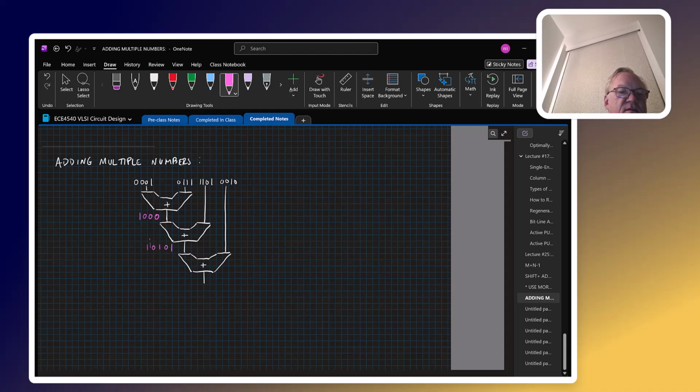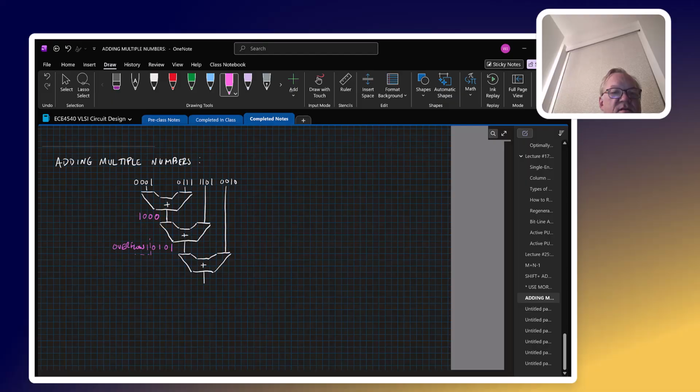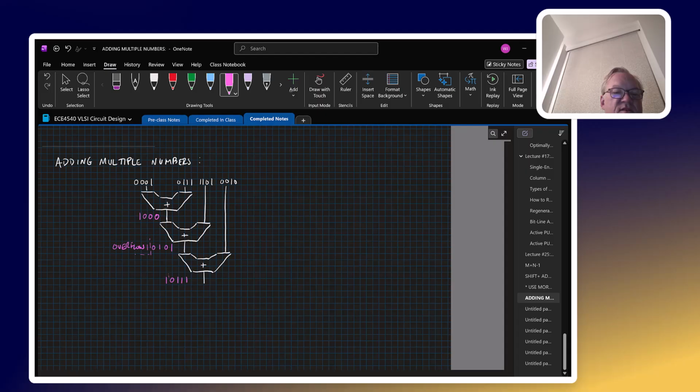But if we only have 4-bit adders, we have overflow. So we have the wrong partial product. Now we're going to, again, add the next 2 numbers. We should get a total of 23, or 10111. But again, we don't have the number of bits to represent that, so we have an overflow bit.